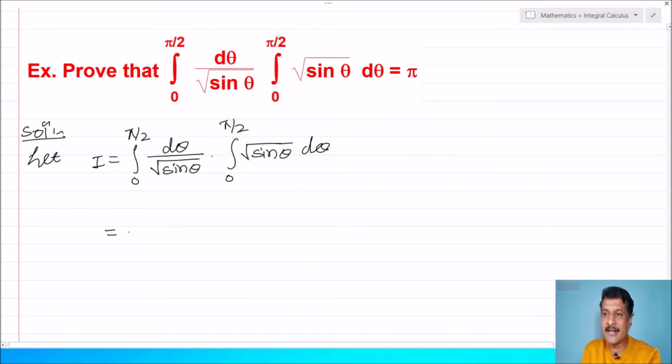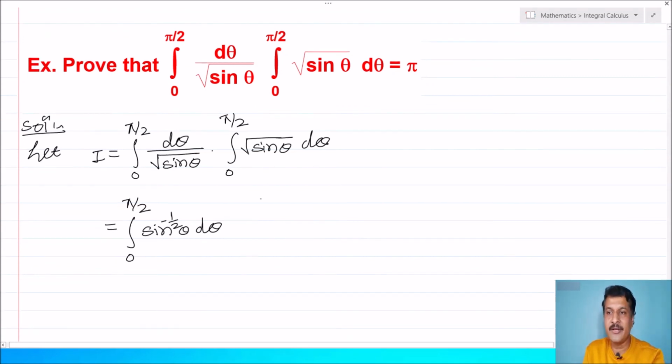Same thing I can write as integration 0 to pi by 2 sin theta raised to minus half d theta, because under root means power half, and it is in the denominator, so in the numerator it is minus half, into integration 0 to pi by 2 sin theta raised to half d theta.